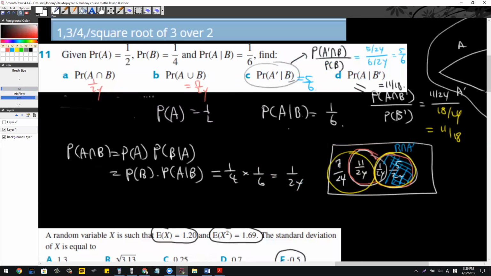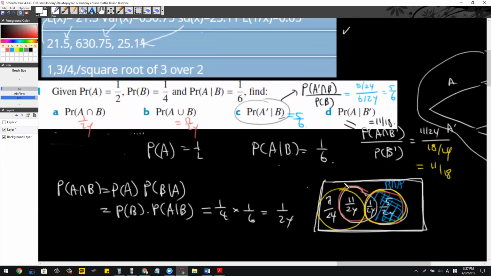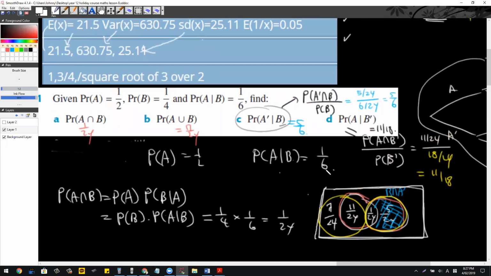So how do you guys feel about this probability section so far? Raveen and Honey and Sarah? Is this something that you guys knew before? Okay, what about Raveen?